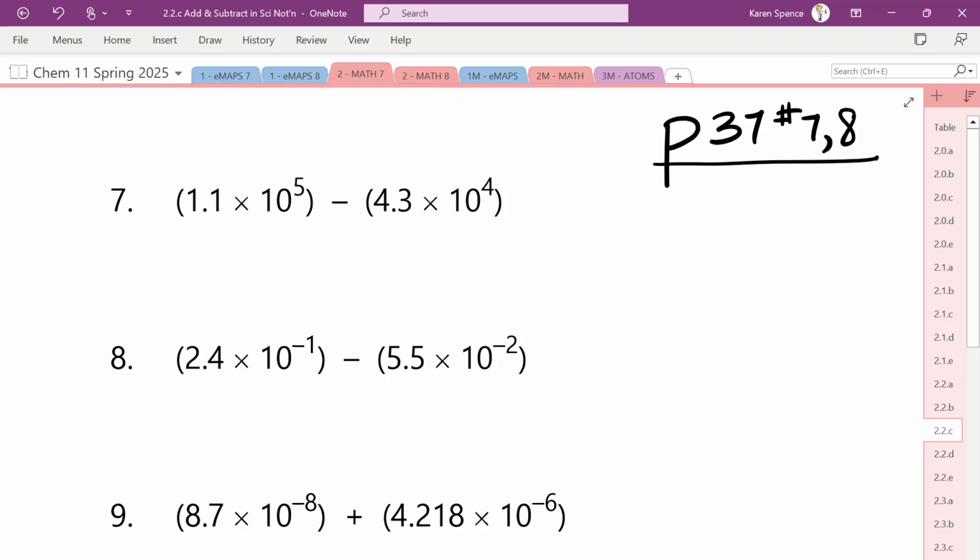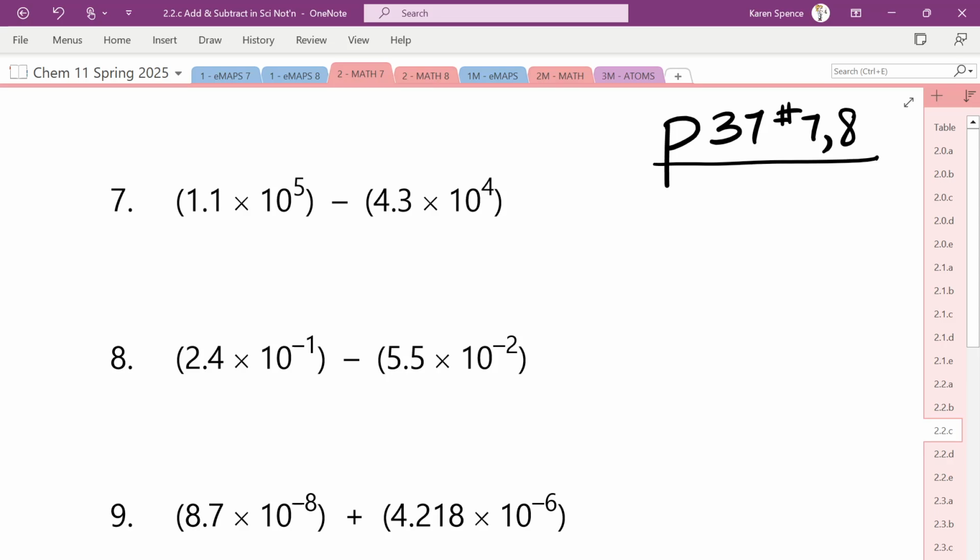If you don't keep track of where everything goes. We did this. Yeah. So what you're going to do is convert both to the same power, pick one, and change the other one to match, and then go to the bigger one.